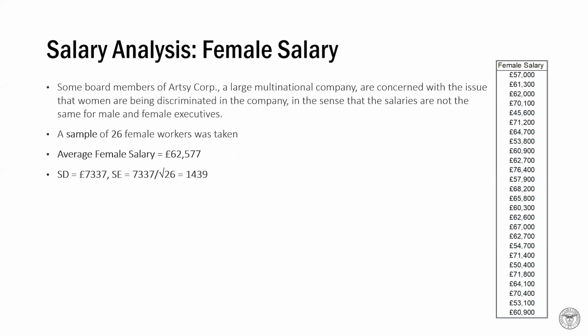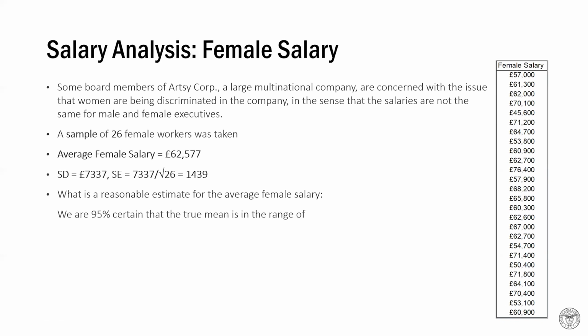And the standard error is given by 7,337 divided by the square root of 26, equal to 1,439. The t-value of 95% confidence level with 25 degrees of freedom is 2.06.